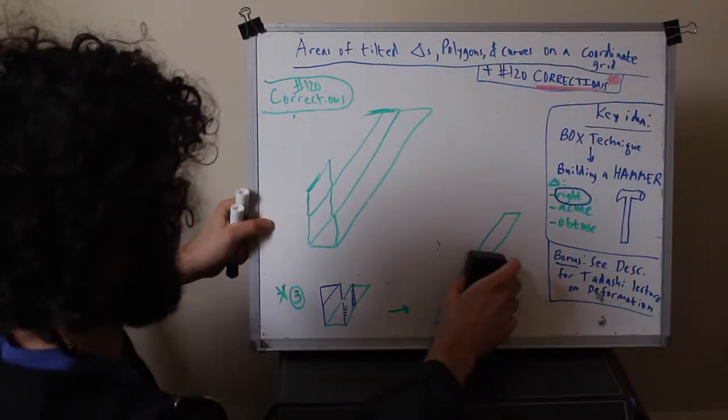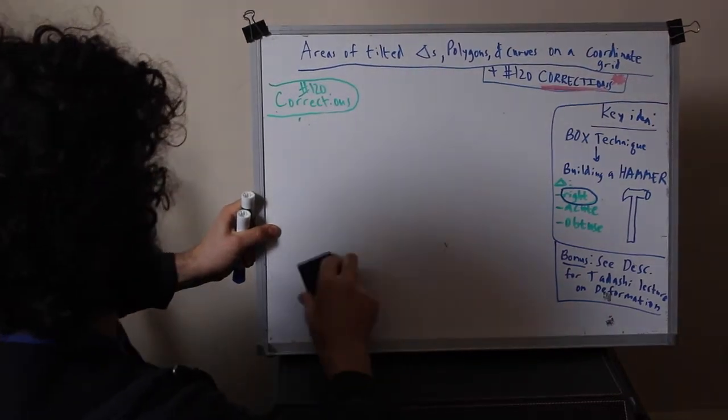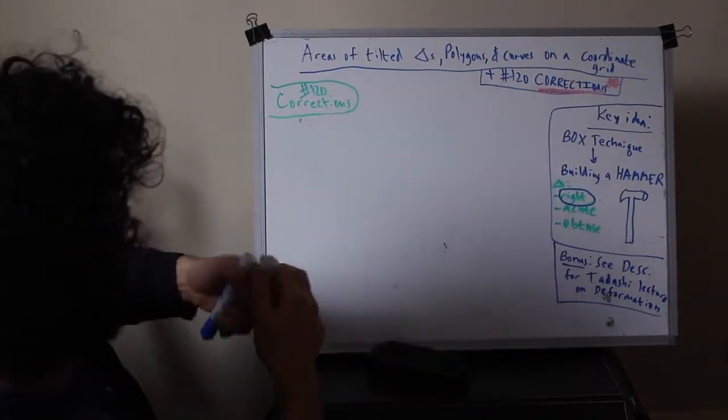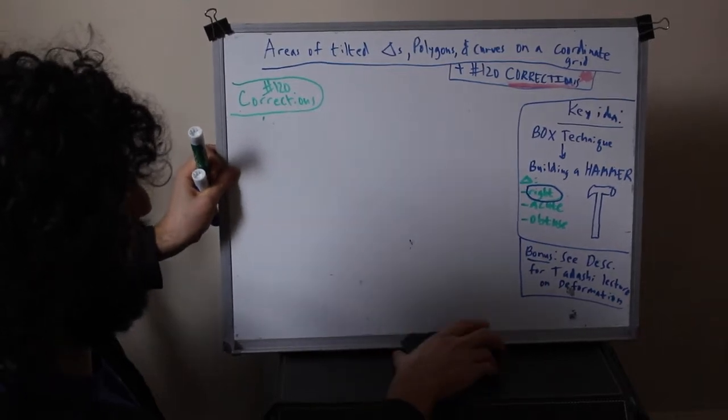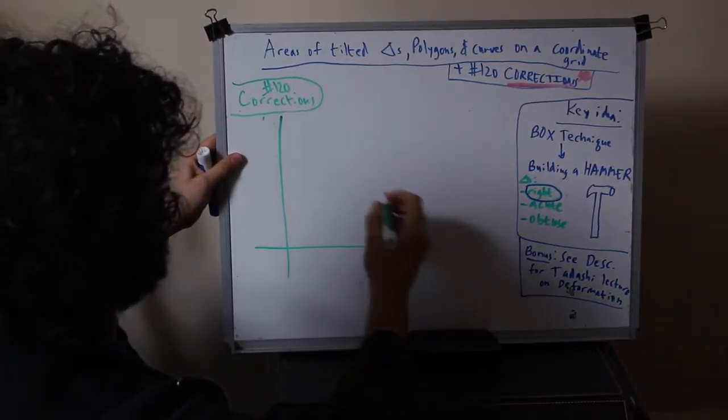Alright, with that out of the way, let's get to today's question. So let's say you're given, whoa, the world's falling down. Let's say we have a coordinate grid and you're given a triangle.